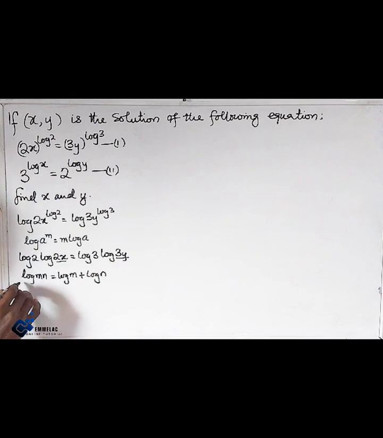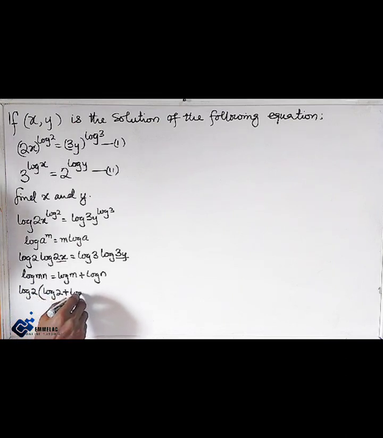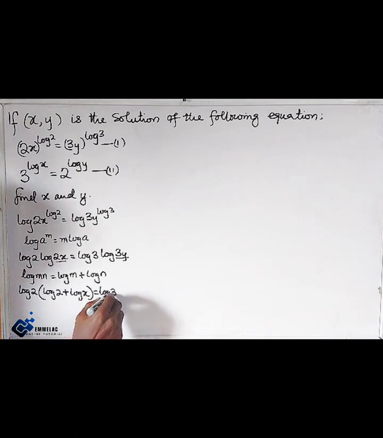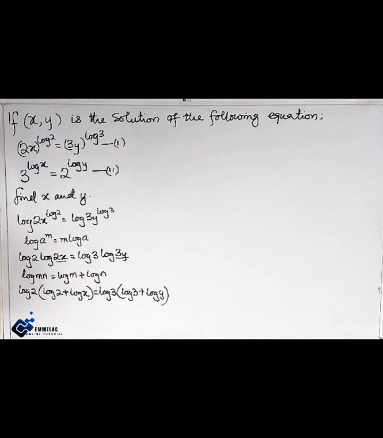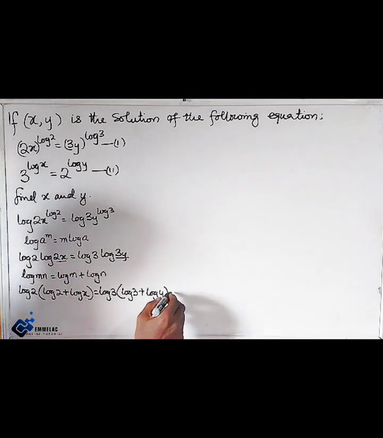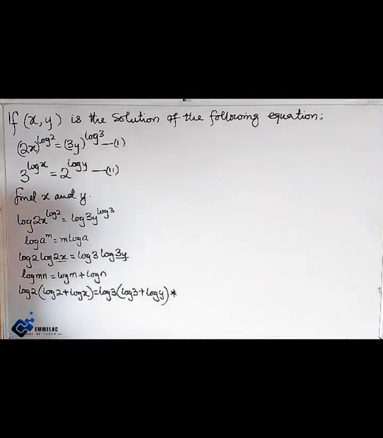So the above equation will now become log 2 into (log 2 plus log x) equals log 3 into (log 3 plus log y). Alright, let us just mark this with an asterisk.